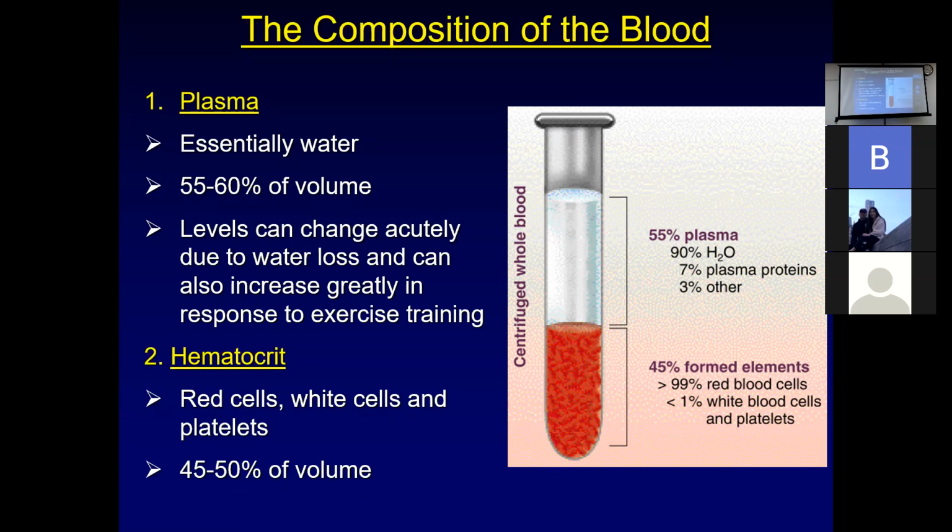If you are either very dehydrated, you've lost some of the water that's in here, if you live at altitude, or if you're a blood doper, then your hematocrit percentage may be closer to, say, 50% of total volume. This matters, the hematocrit percentage, as well as the total amount of blood that we have matters a great deal for determining exercise.